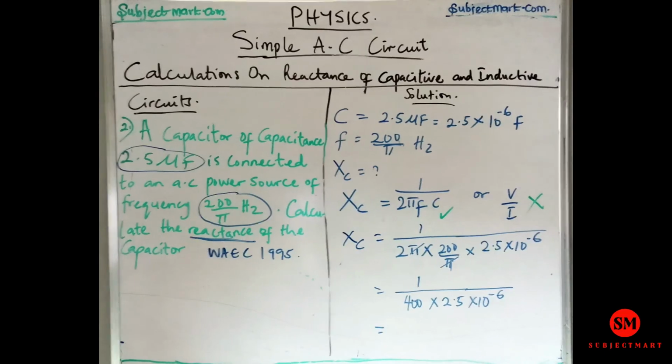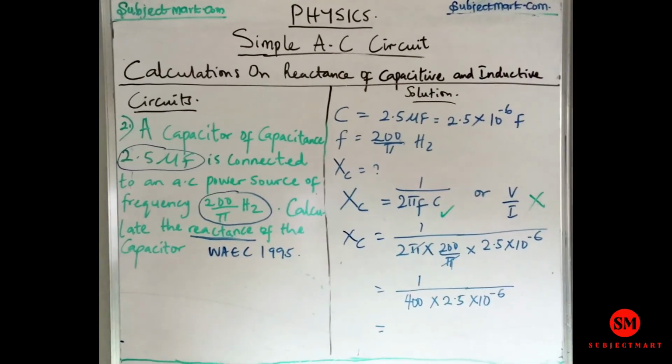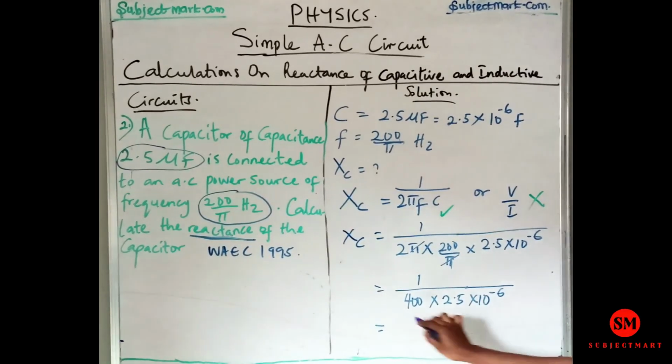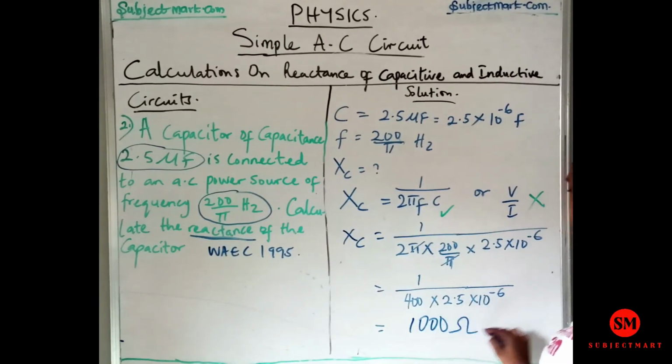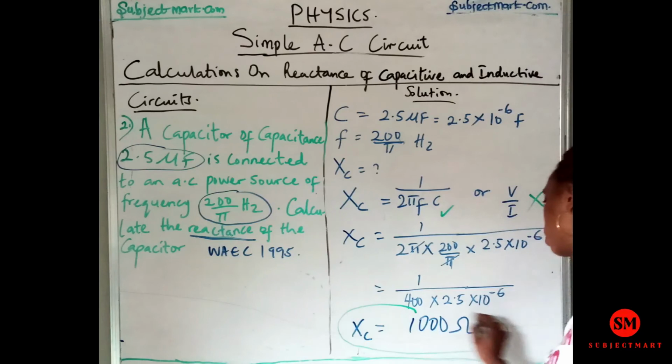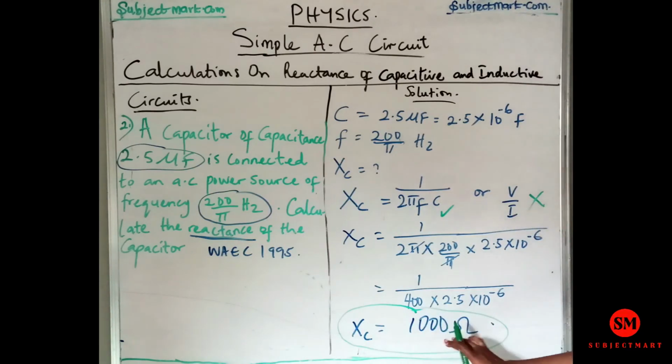And that will give me 1000 ohms. It's that simple. So our reactance is equal to 1000 ohms. It's in ohms because it measures the opposition to the current flow, just like resistance. So I want to believe that is very, very explanatory.